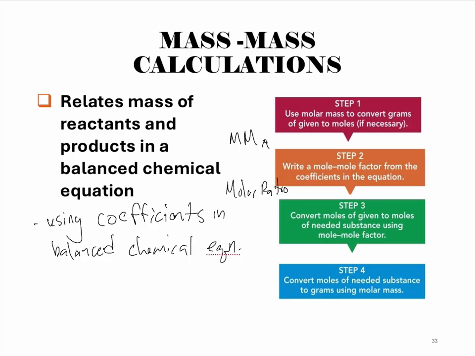And then once you have the molar ratio, you're going to convert that new amount of moles of your new compound into grams using the molar mass of your new compound, the molar mass of compound B. All right, so it's the exact same steps we've done before. We're just adding another step to the process. So we either do one extra step in the beginning or one extra step at the end of this calculation. But in general, it's the same idea. You can still use that same flow chart just to identify what you're going between.